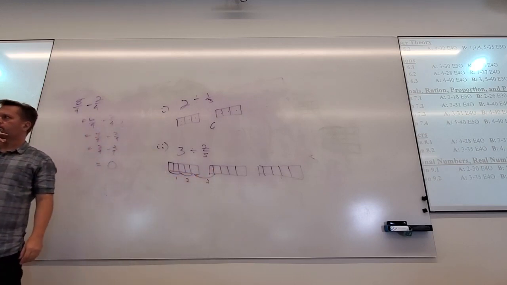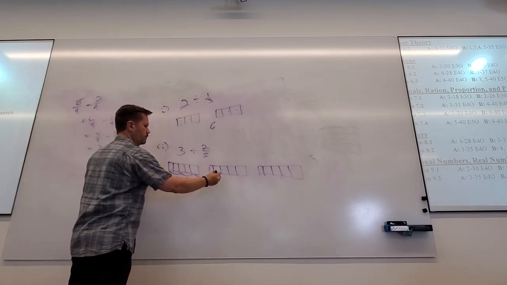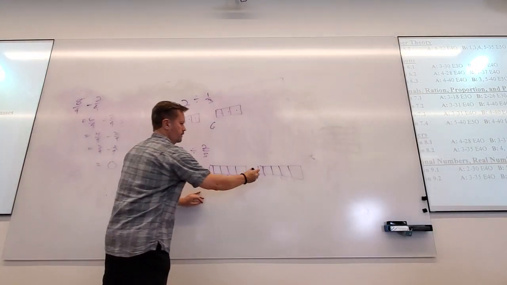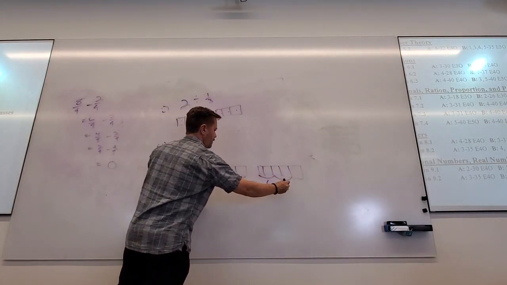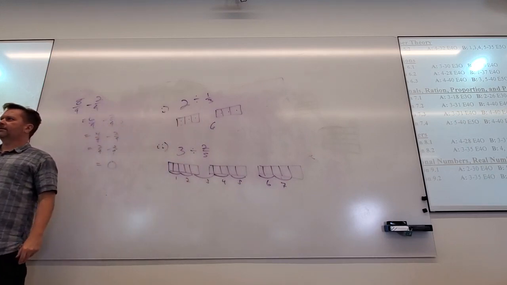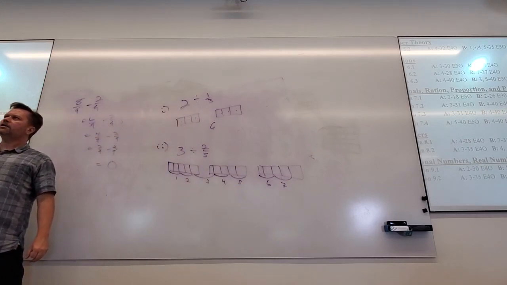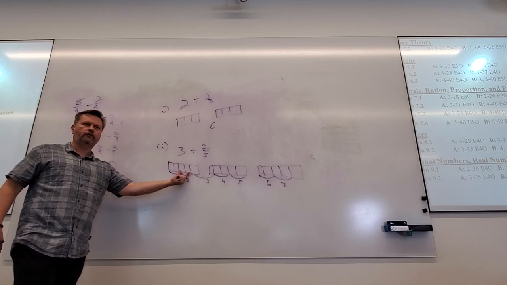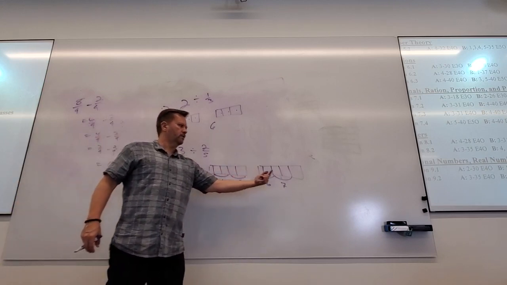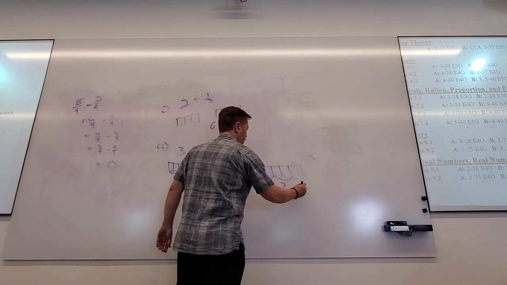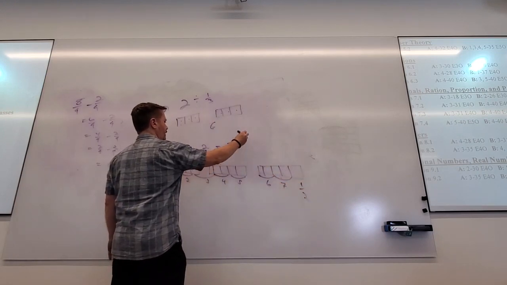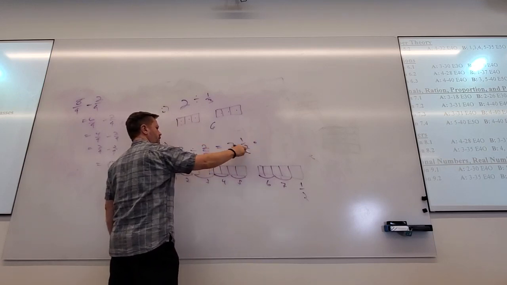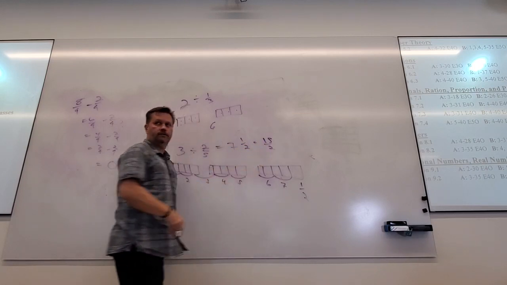Is that cool so far? 4. 5. 6. 7. And how much of a 2/5 do I have left? I have a whole 2/5 here, right? And another whole 2/5 here, and another whole 2/5 here. So what's this? Half of a 2/5. So this should be 7 and a half, or 15 halves. Yes.